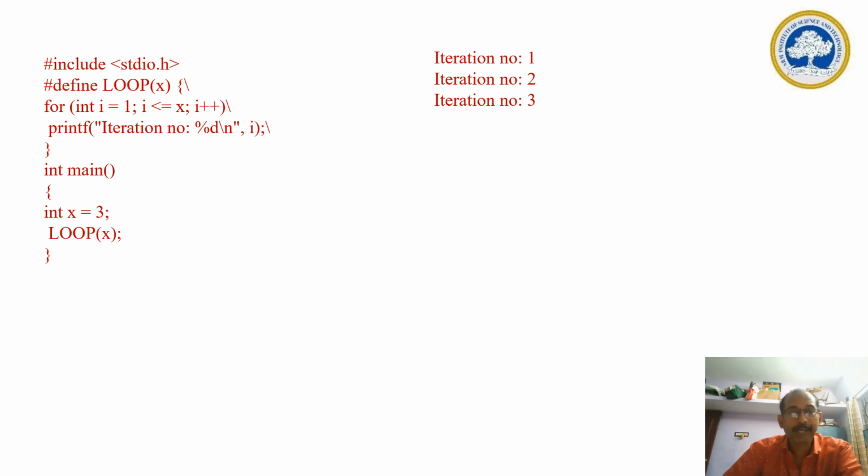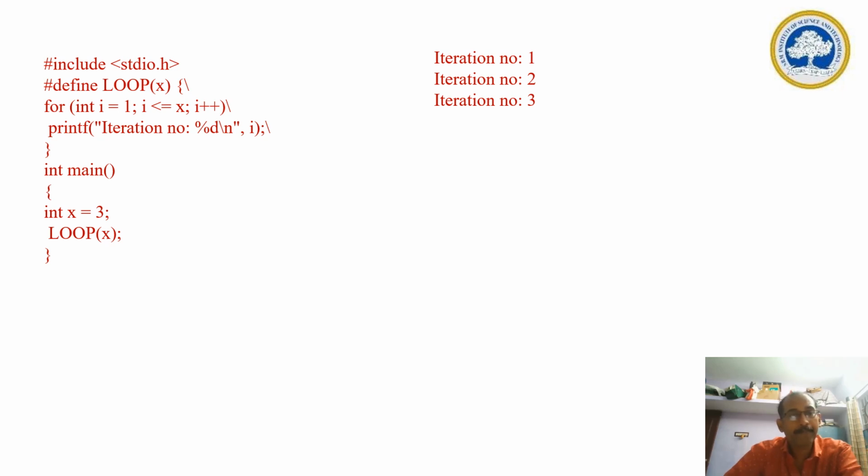Look at this. #include <stdio.h>, #define LOOP(x). The backslash symbol is used to represent continuation of this macro. So for (i = 1; i <= x; i++), again a backslash. printf("Iteration number %d\n", i); \n is the newline character. The value of i is being printed. Again it's continued, then it closes.